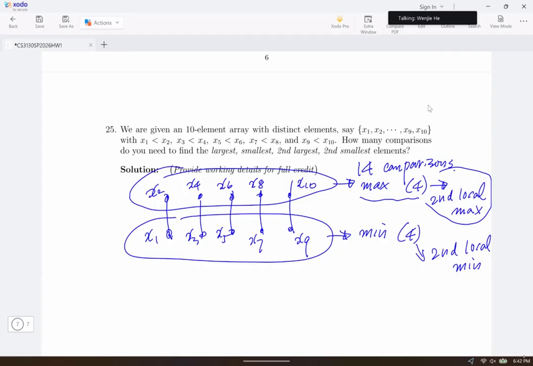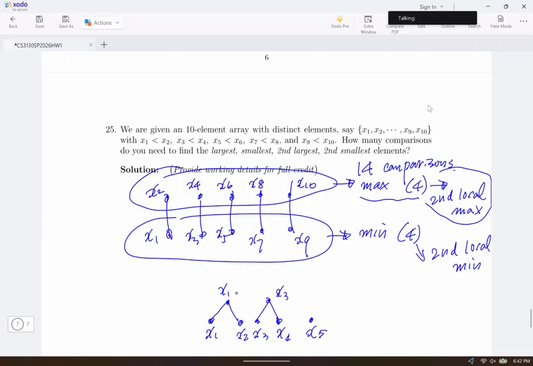Here, some students did okay using the tournament method. Tournament, okay, x1, x2, winner; x3, x4, winner; x5, no pair for x5.